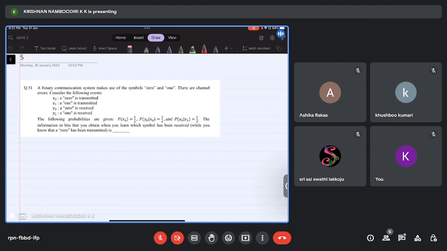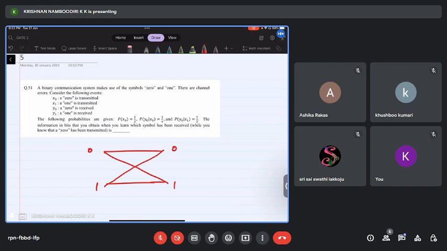Y0 corresponds to a 0 is received. Y1 corresponds to a 1 is received. So the following probabilities are given. Basically, we can assume a channel here like this. So the channel can have inputs either 0 or 1, and output can also be either 0 or 1. So the following probabilities are given.